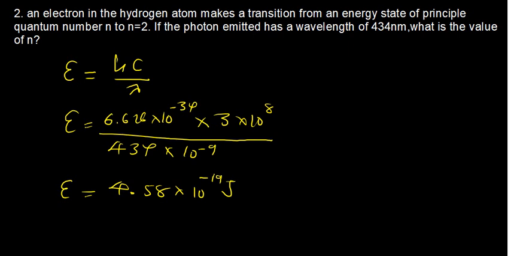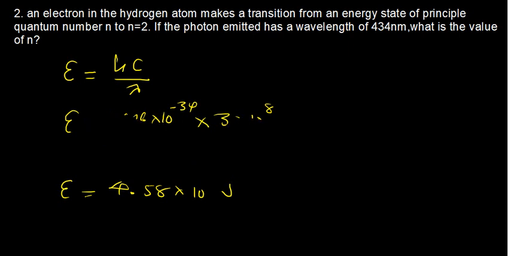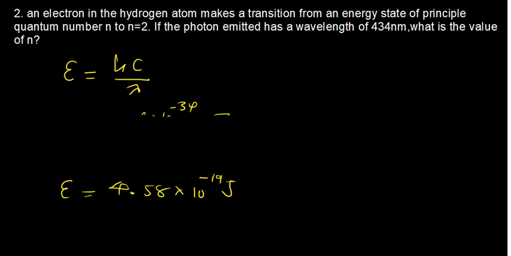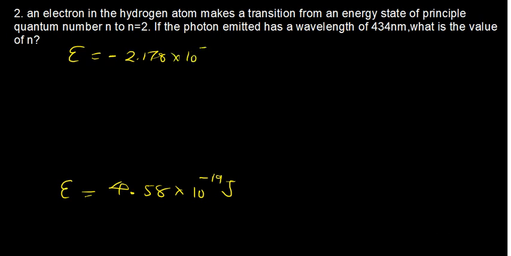joules. Alright, having found the energy, now we use the equation that can help us calculate the energy level where the electron transitioned from. So we know that energy is given by negative 2.178 times 10 to the power negative 18, and then 1 over n final squared minus 1 over n initial squared.